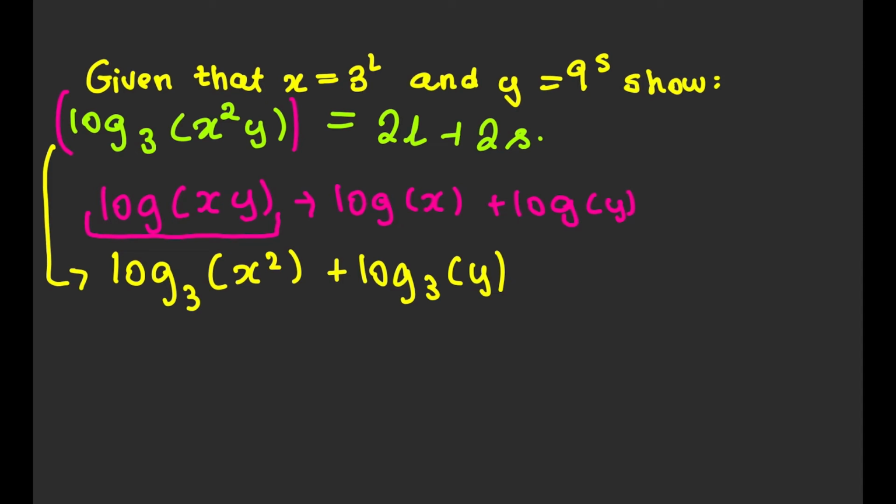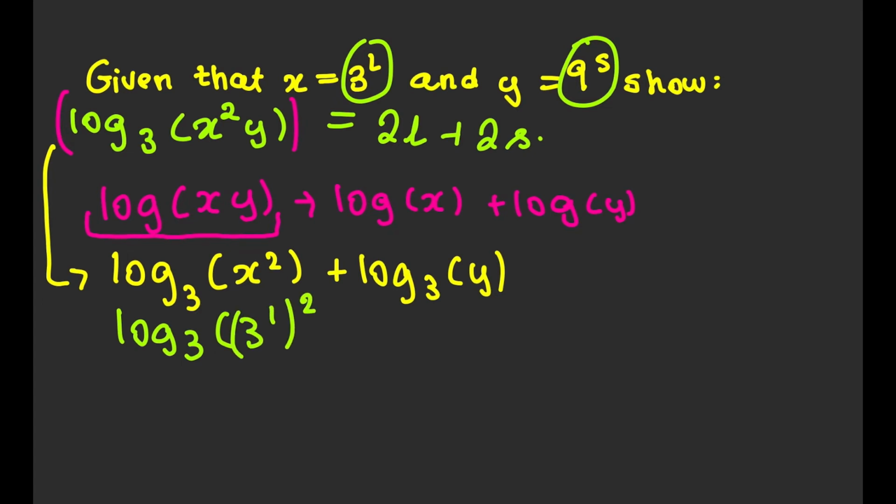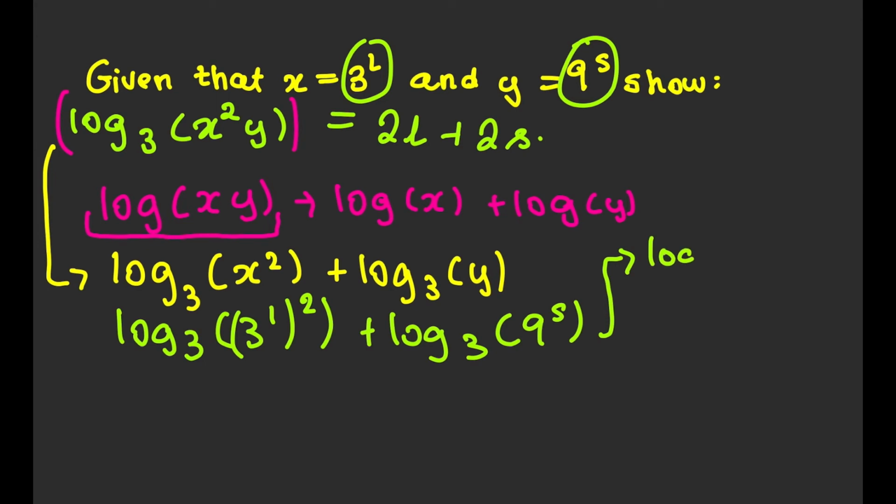So now let's replace the x and y values with the given sets. So log base 3 of 3 power L power 2 plus log base 3 of 9 power S. Now to simplify it even more, let's leave log base 3 of 3 like that.